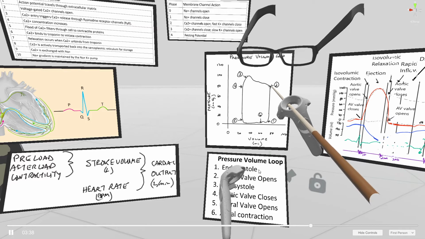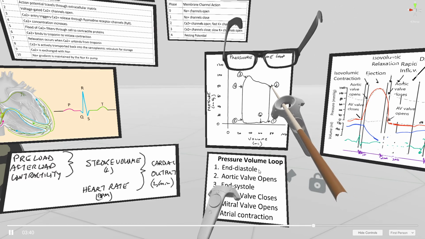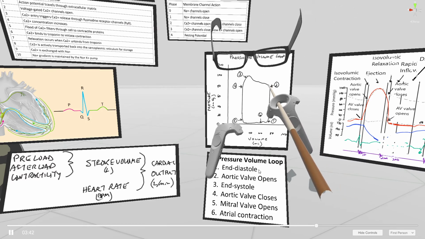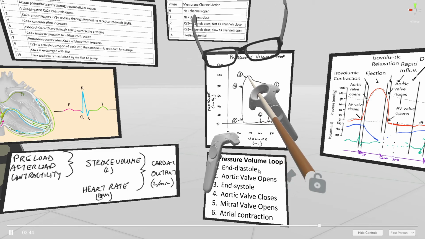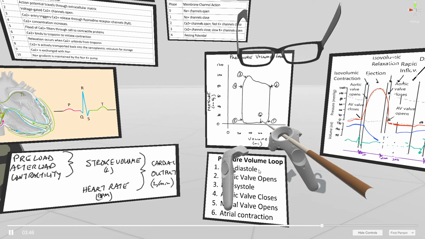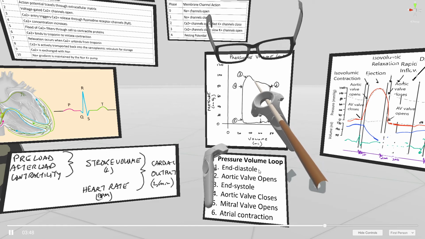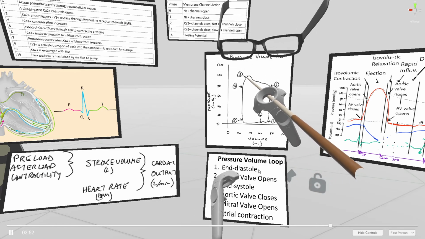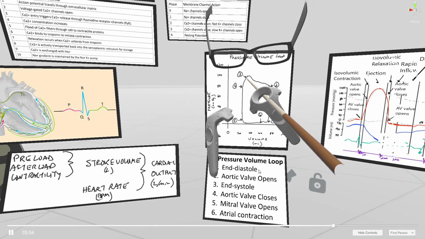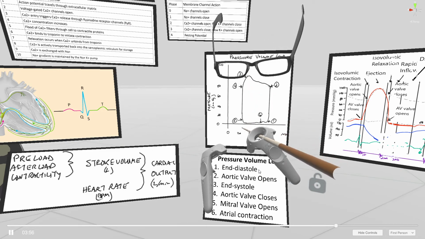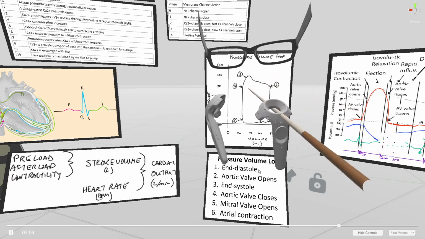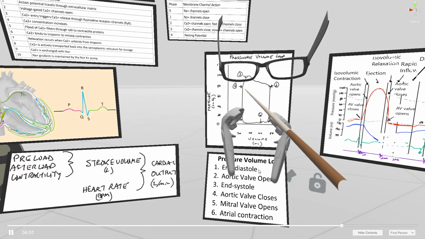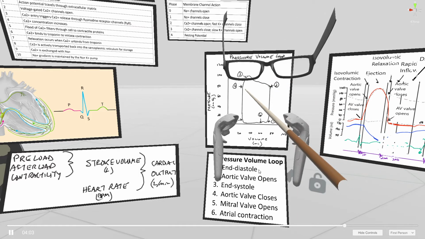The pressure continues to go up until you have completely ejected the blood, but the volume begins to decrease over time as you're ejecting that blood out. Then the aortic valve closes, and you have this isovolumic region where the heart is starting to relax and the pressure is dropping before the mitral valve opens, which is here.